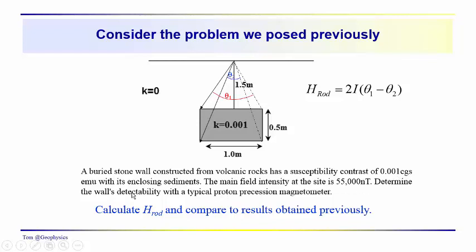So determine the wall's detectability. And we've already done that. So really in this case, what you're going to be most interested in is to see if the magnetic field intensity associated with this rod is similar to the magnetic field intensity that we obtained using a horizontal cylinder. So let me know what you find out, and we'll talk more about this next time. Thanks for joining us.